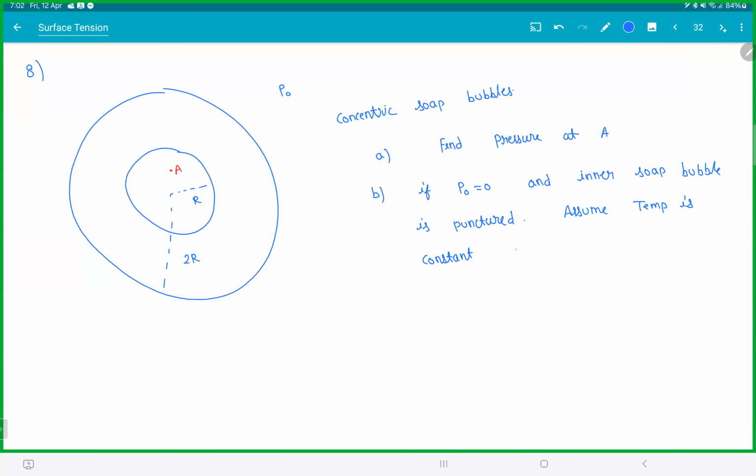Find the new radius of the bubble. If you pop this bubble, that air will leak, right? So the bubble radius will change. What is the radius of the new bubble? Let's get this.